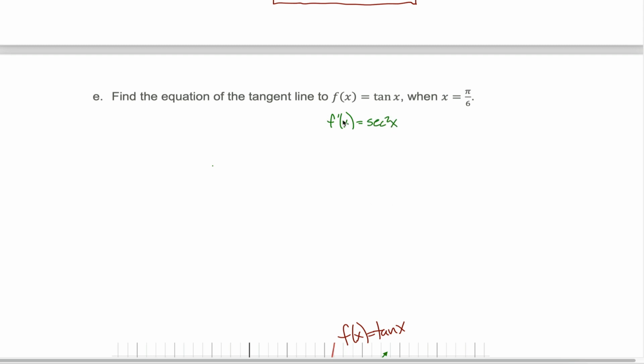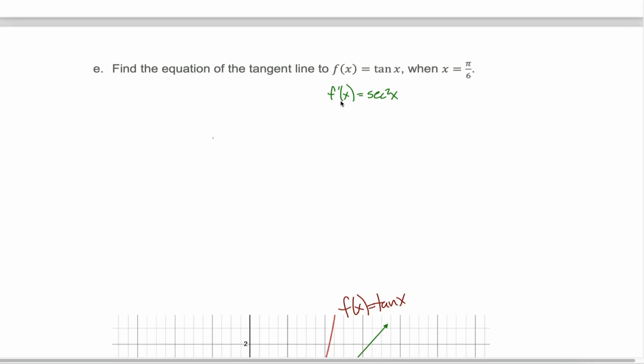But I don't want f prime of x. I don't want a formula that tells me the slope of the tangent line at x. I want to know what the tangent line is when x is equal to pi over 6. So really what I'm trying to figure out, the slope of this line, maybe we can call it m, is what is f prime of pi over 6. Well, fortunately, once you know f prime of x, f prime of pi over 6 is pretty easy. All you've got to do is change all the x's into pi over 6's.